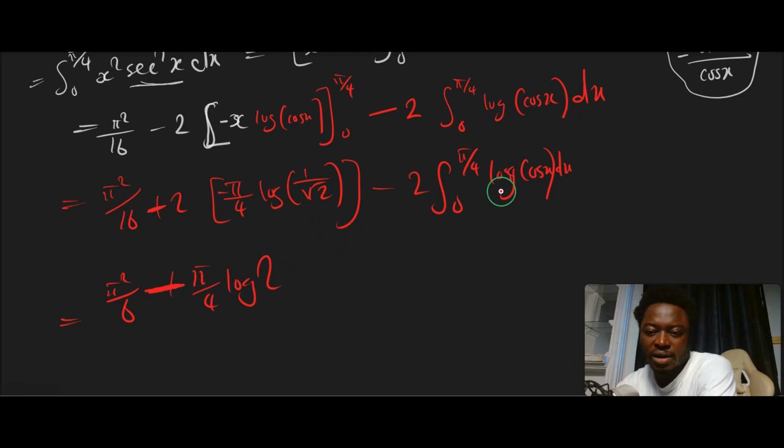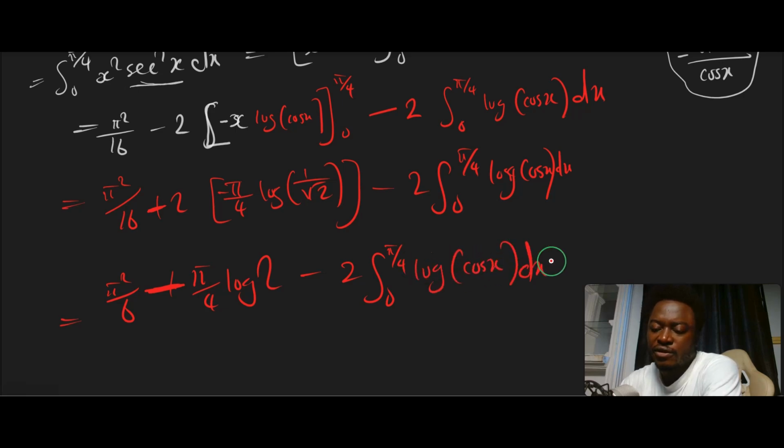Then you have this negative twice the integral from 0 to pi over 4 of the logarithm of cosine of x. You could do this using the Fourier series for the logarithm of cosine of x and the standard approach, though in this case there is a simple trick we can apply that avoids the use of Fourier series.